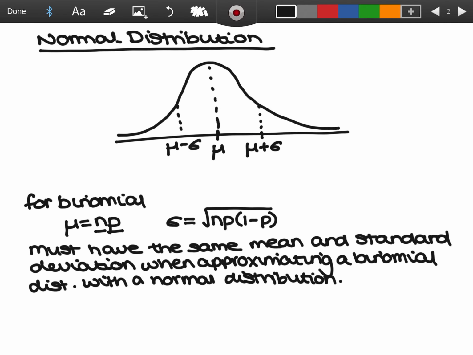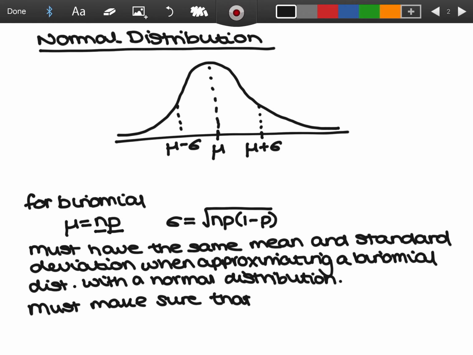Sometimes they will say to you, would the normal approximation, our normal distribution, be a good approximation for our binomial distribution? And there are a couple of properties that mean it will be a decent approximation. Two things that you would like it to have.